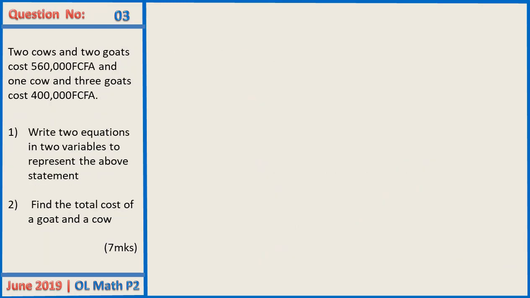Now question number 3, this is 6 marks. 2 cows and 2 goats cost 560,000, and 1 cow and 3 goats cost 400,000. Write 2 equations in 2 variables to represent these statements. So we begin by forming the equations. Let C stand for a cow and G for a goat.